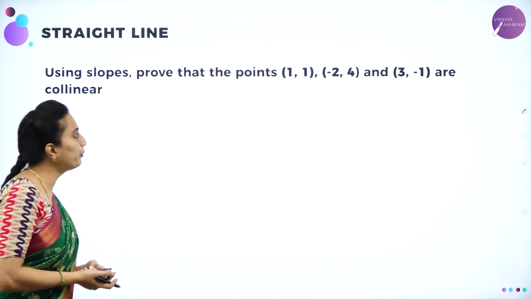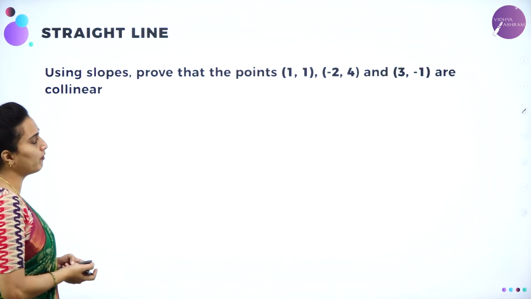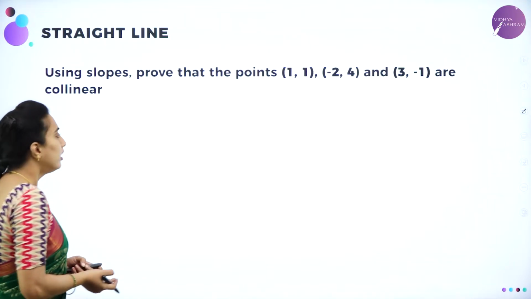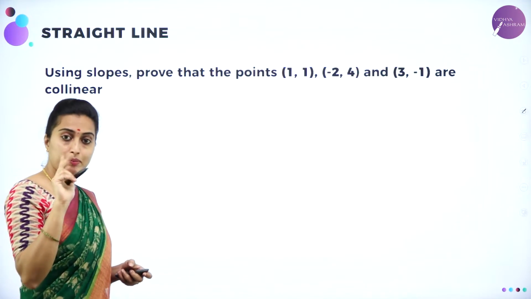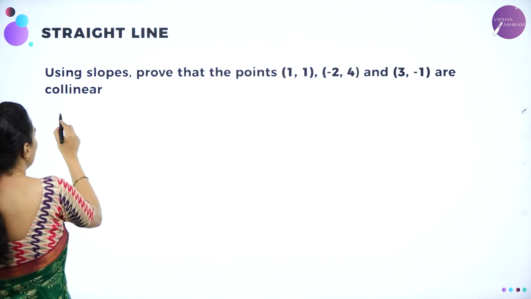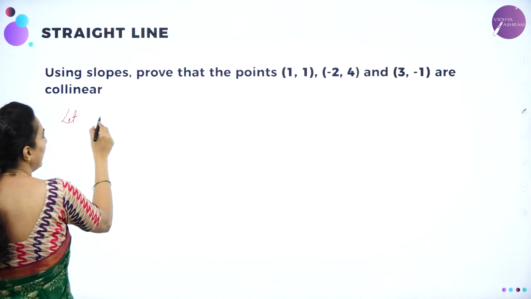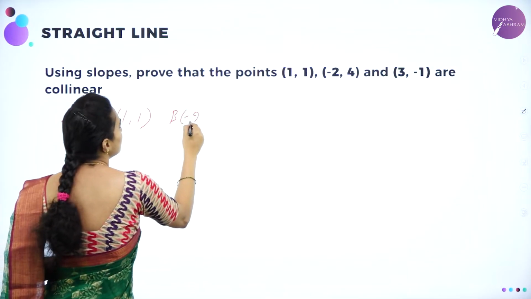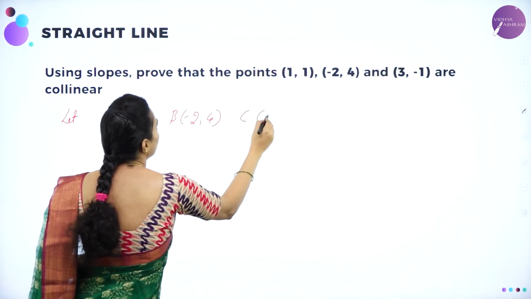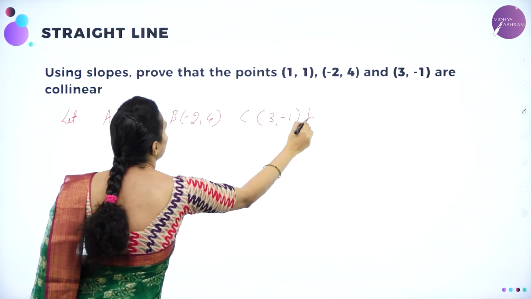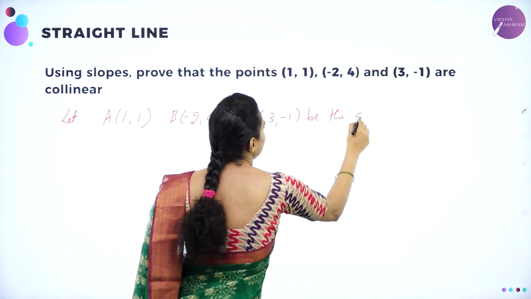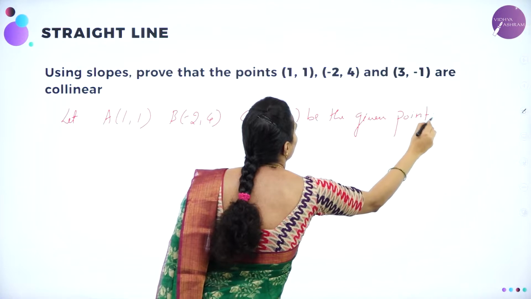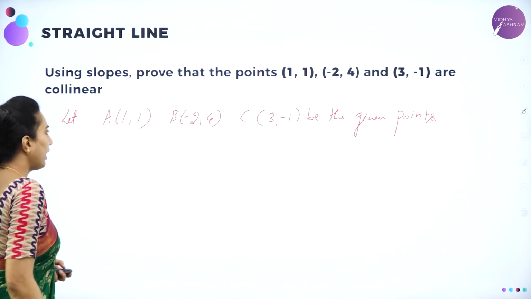Using the slopes, prove that the points (1, 1), (minus 2, 4), (3, minus 1) are collinear. Now, collinear means two slopes will be equal, correct? Let the given points be A(1, 1), B(minus 2, 4), C(3, minus 1).